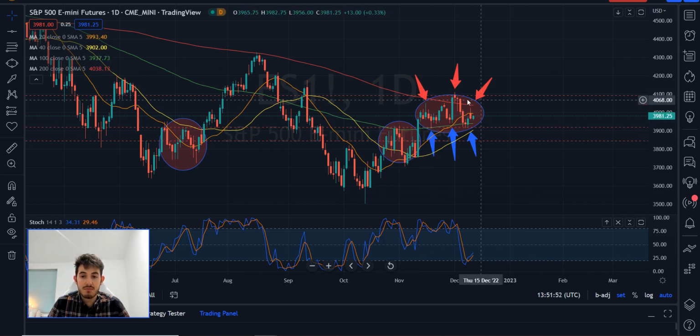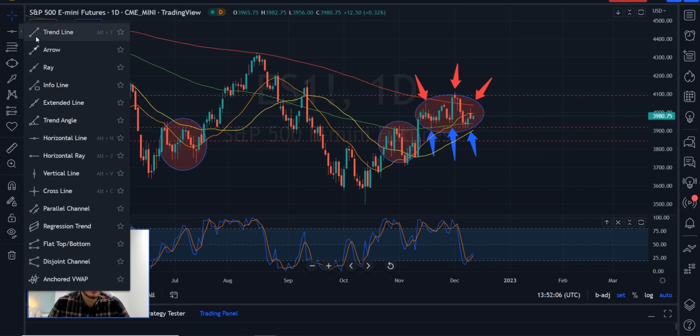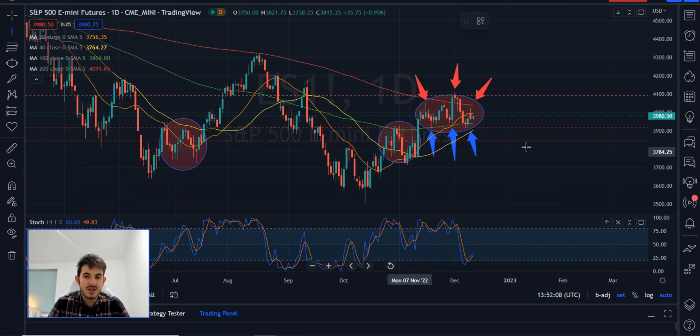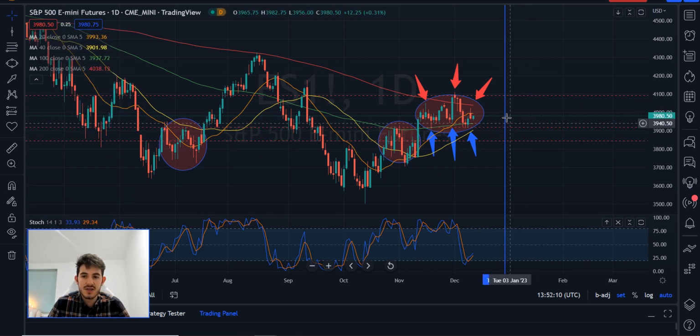But yeah, so we look to follow this as it happens. We know up top here is an early short, and here's an early long, because this is very close together. The distance between this essentially is going to be 4,100 to 3,900, 200 points or so.